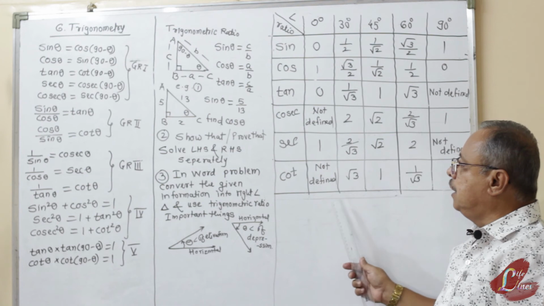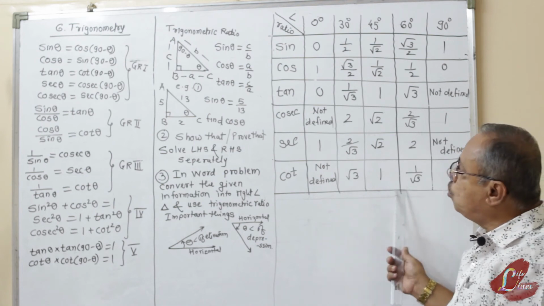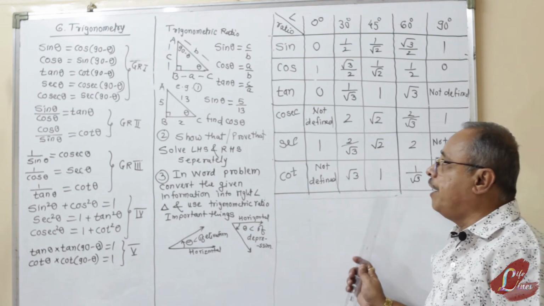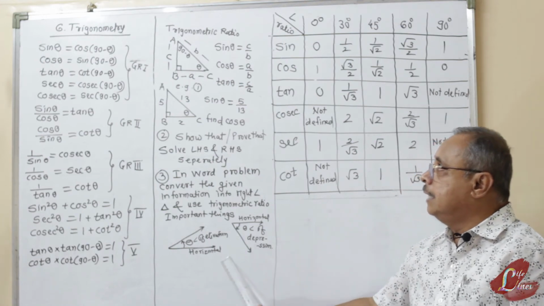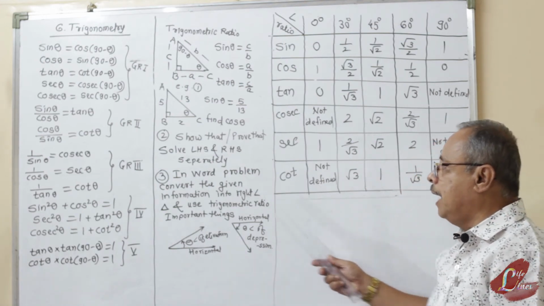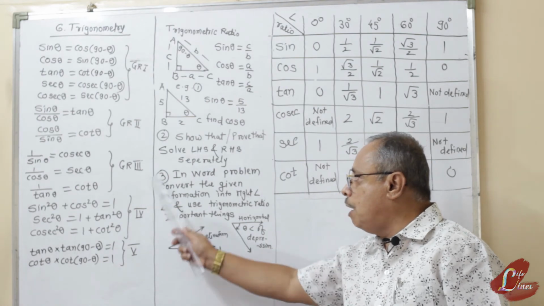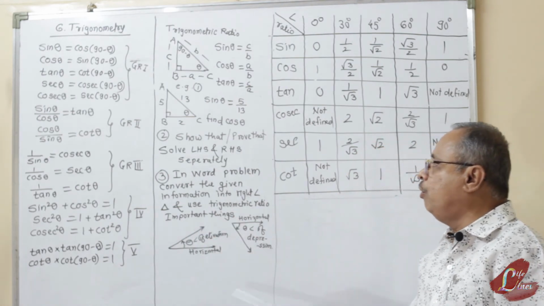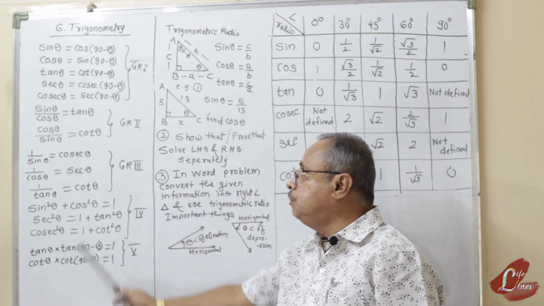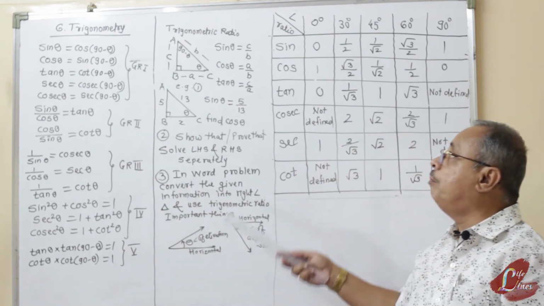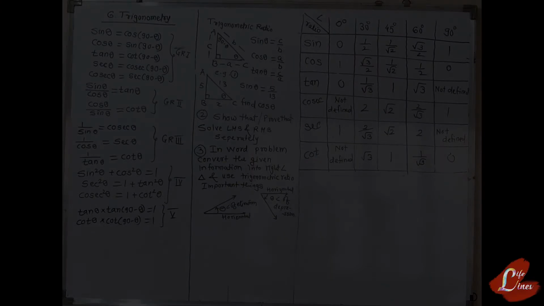We have already studied them in 9th standard. We have to substitute the values and find out the answer. This chapter is very simple except the word problems. You have to study the word problems carefully and concentrate on these formulae, so that you will get full marks in this trigonometry.